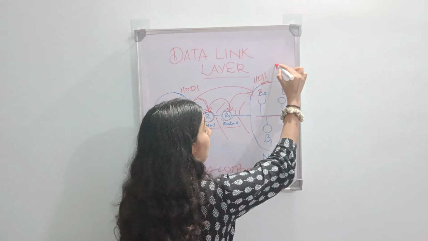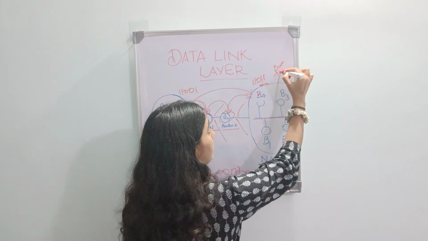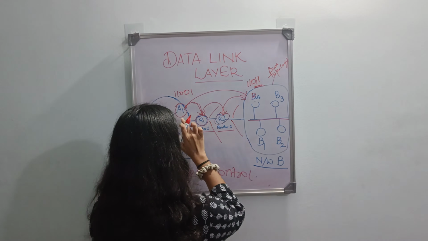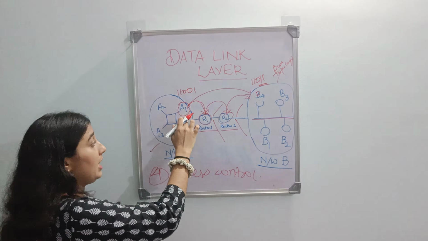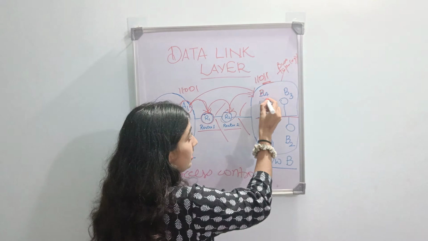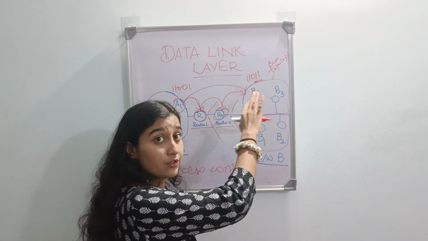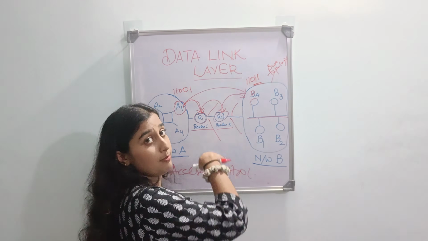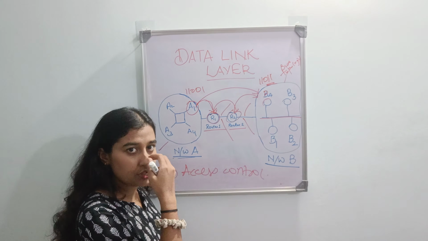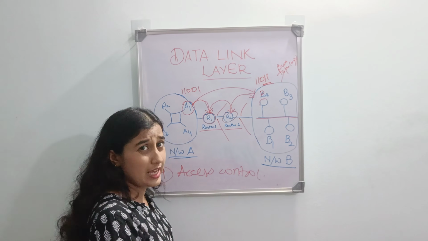So we are using bus topology here. If I'm sending data from A1, A4, A3 or A2, all the devices here are capable of receiving that message and giving a reply. But it will lead to confusion, or it may cause traffic or more errors.